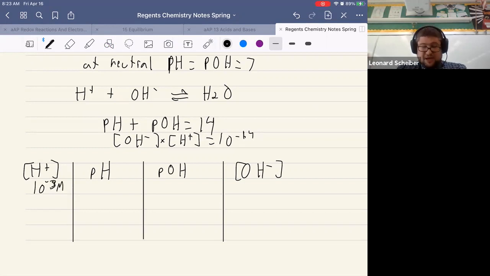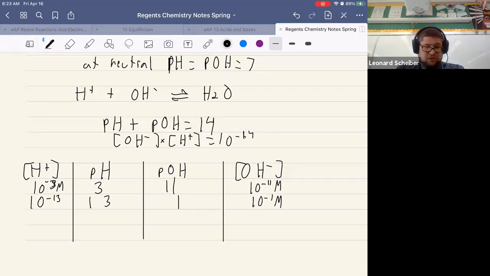It's going to be a pH of 3, a pOH of 11, and an OH minus concentration of 10 to the minus 11 molar. What if we had a 10 to the minus 1 molar concentration of OH minus? That would be a pOH of 1, a pH of 13, and then an H plus concentration of 10 to the minus 13.